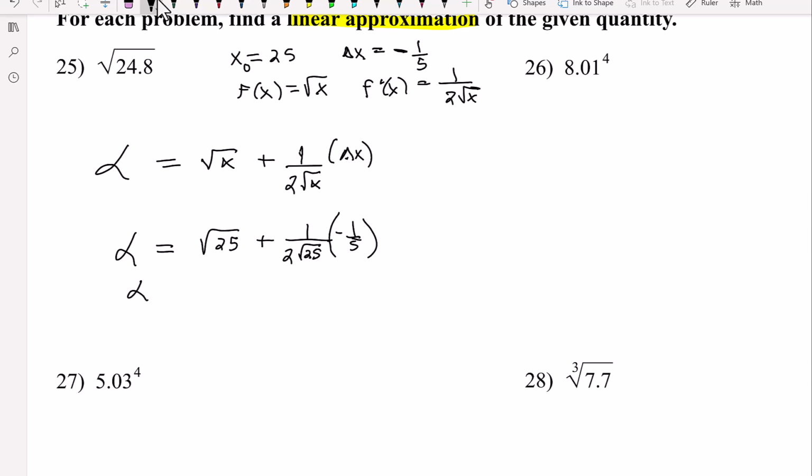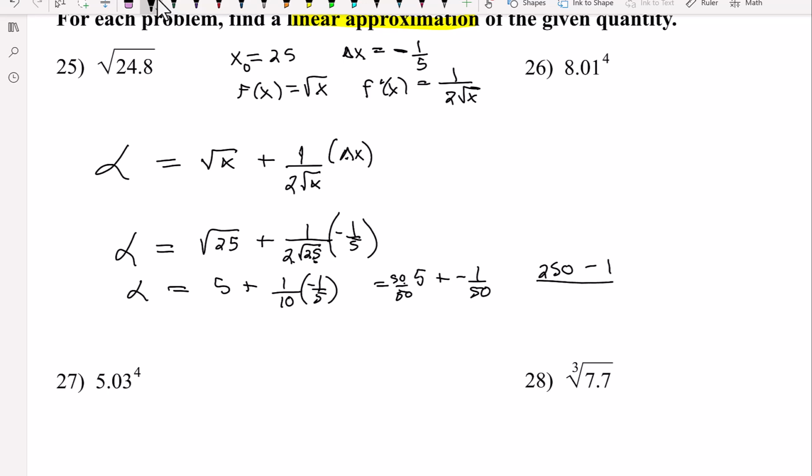So let's see. Square root of 25 is 5. Down here, the square root of 25 is 5. 5 times 2 is 10. So this is 1/10 times negative 1/5. So we have 5 plus negative 1 over 50. So I would multiply top and bottom by 50. 50 times 5 is 250.